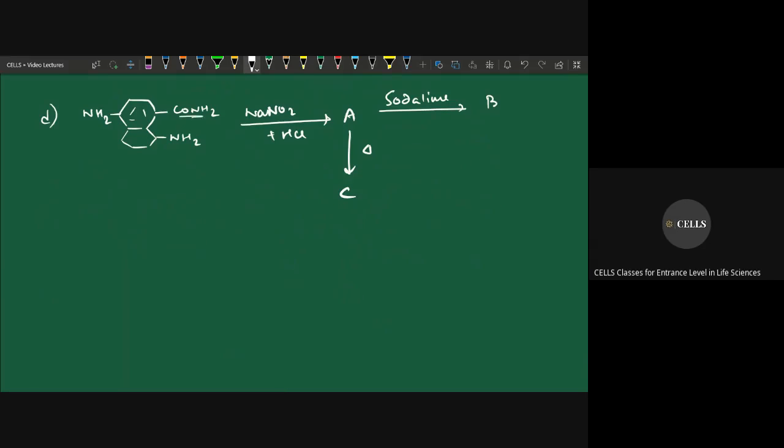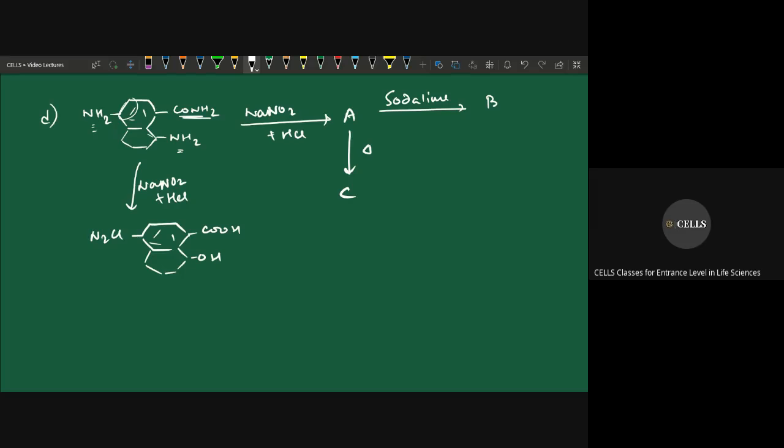So say this will become OH. This is single bonded, this will also become OH, and this is double bonded, it will become N2Cl. So A will be what? So let's do it in this way. NaNO2 plus HCl. You just follow me. Am I doing correct or not? If I'm making a mistake, let me know in the chat box, or unmute yourself and tell me. Okay. So this will be N2Cl. This will be C double bond COH. This will be OH.